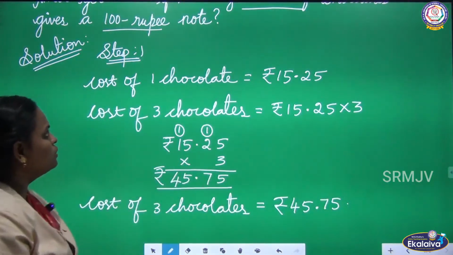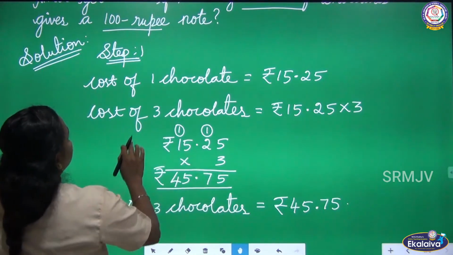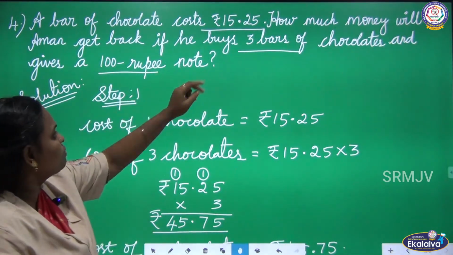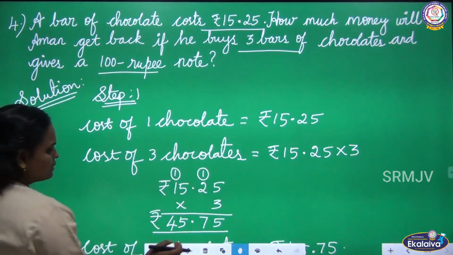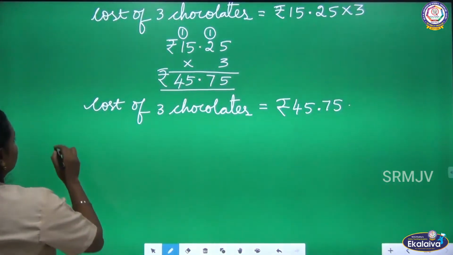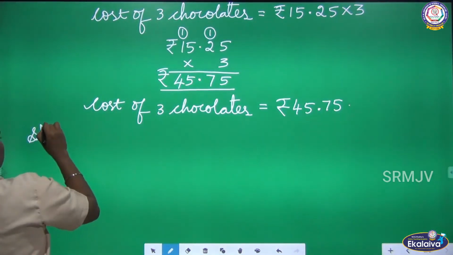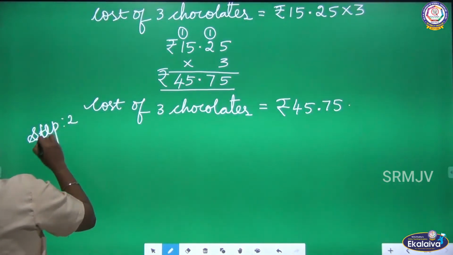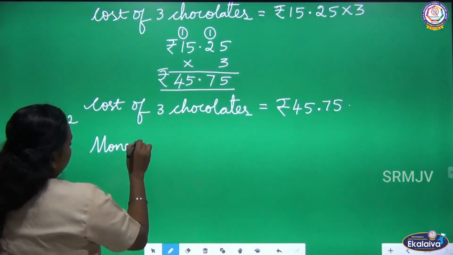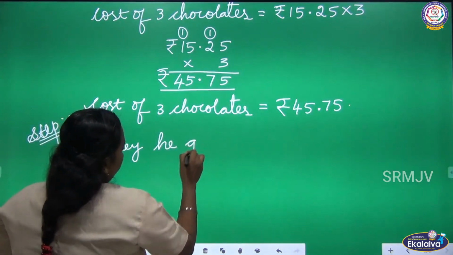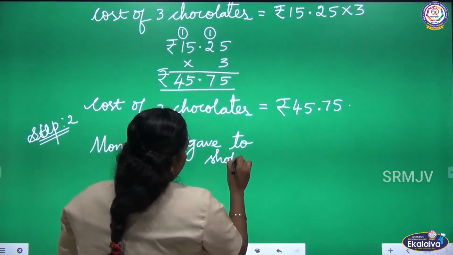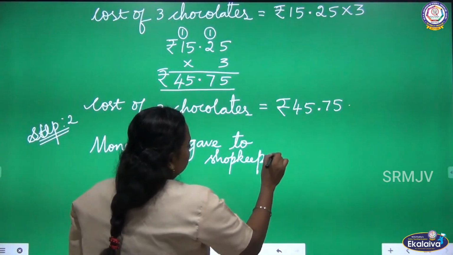So what we have to find out? So how much you have given? So listen, how much he has given? He has given rupees 100 rupees note to the shopkeeper. Okay. So how much he will get back, they are asking. So listen. Step 2. So money he gave to the shopkeeper equal to, so how much he has given to the shopkeeper?